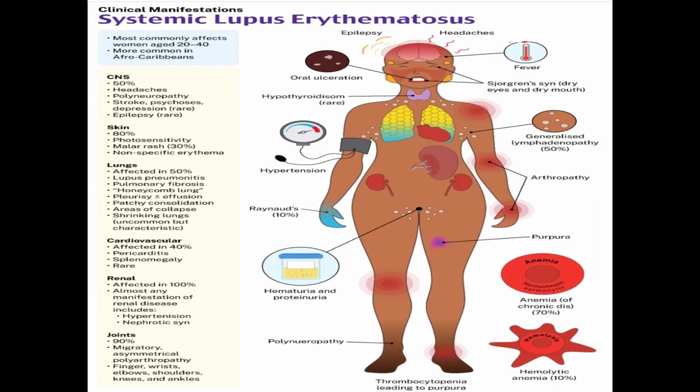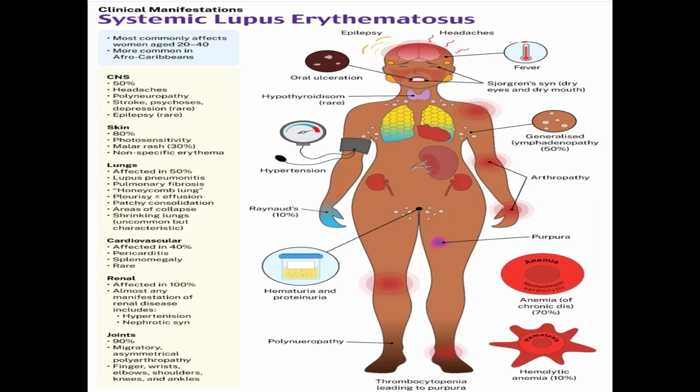The malar rash is basically one of the pathognomonic features of systemic lupus. Lungs, affected in 50% of the time: lupus pneumonitis, pulmonary fibrosis, honeycomb lung, pleurisy, patchy consolidations, areas of collapse, shrinking lungs, uncommon but characteristic.